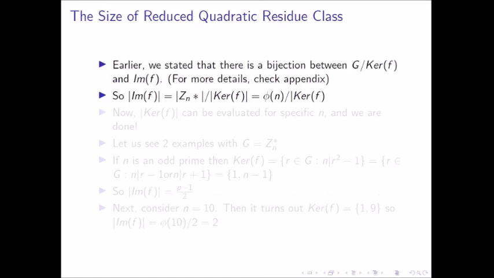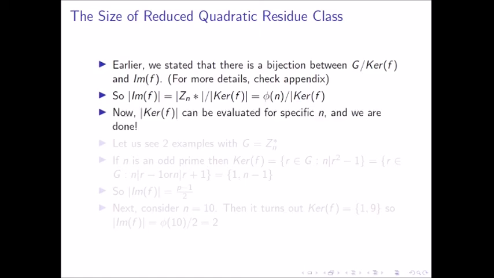The size of the reduced quadratic residue class can be determined using a bit of group theory. Let's look at it. Earlier we stated that there is a bijection between G by kernel f and image of f, and we have also proved this in the first isomorphism theorem, which has been discussed in the appendix. So the size of image of f is equal to the size of Zn star by kernel f, which is equal to phi n by the size of kernel f.